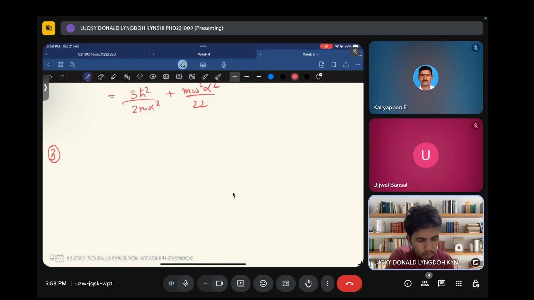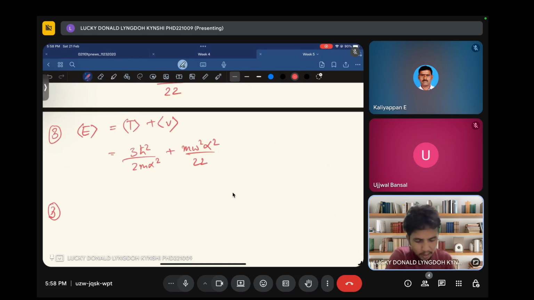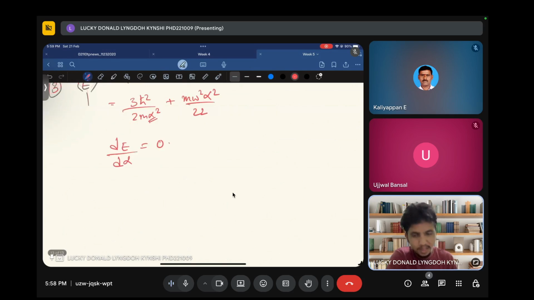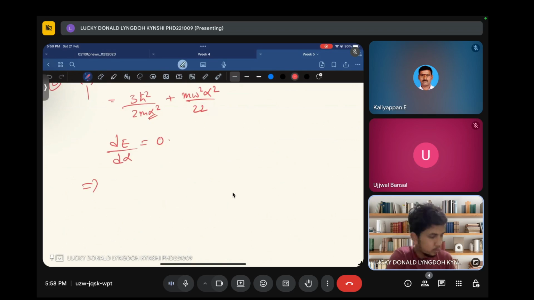So you already know the value of energy, and what you need is to find out the minimum. You just differentiate dE with d alpha, because your energy depends on your alpha term. dE divided by d alpha equal to 0. This is the condition. Then you differentiate dE by d alpha.